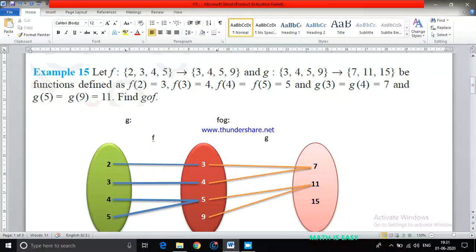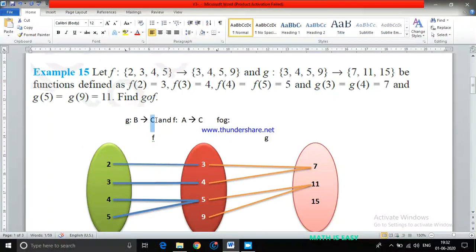G is a function from B to C, and F is a function from A to C. Now, if I want to define FOG, what has to be same?